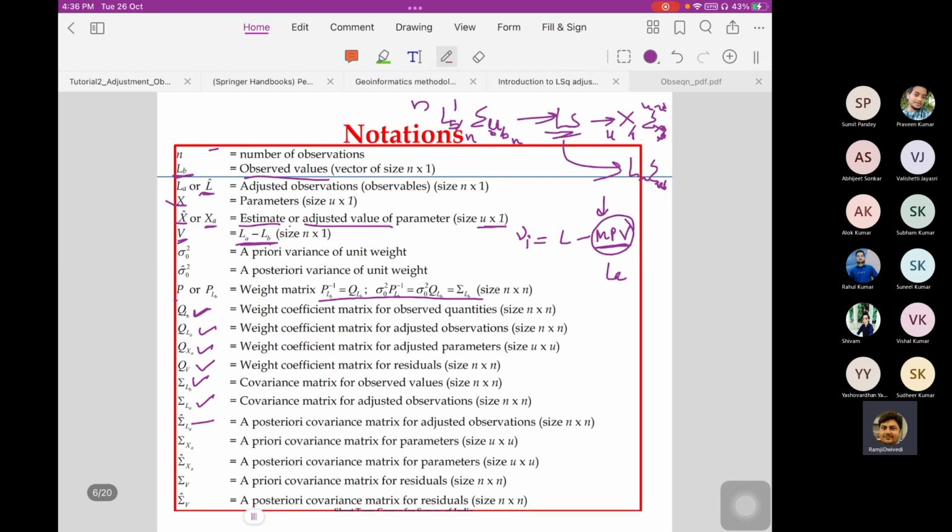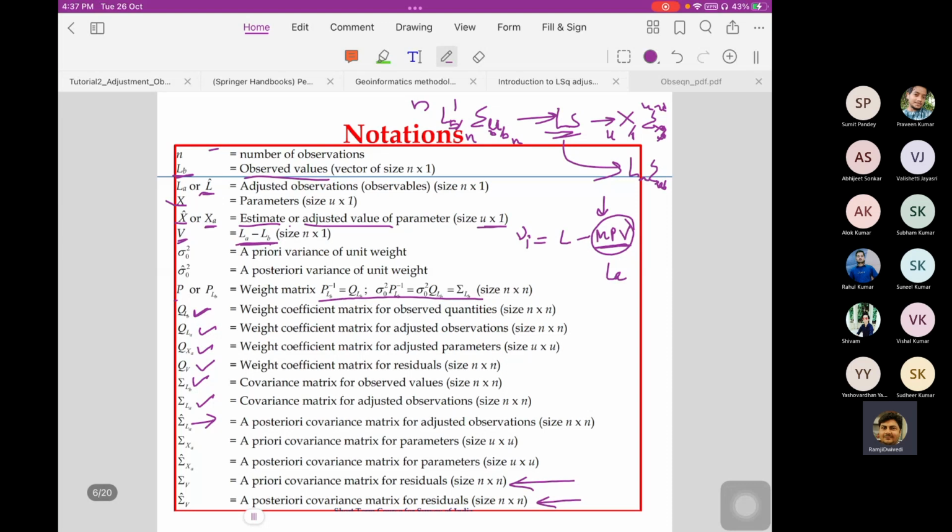Sigma hat La is the a posteriori covariance matrix for adjusted observations. Sigma Xa is the a priori variance covariance matrix for parameters, and sigma hat Xa is the a posteriori variance covariance matrix for parameters, u cross u. Sigma V is the a priori covariance matrix for residuals, and sigma hat V is the a posteriori covariance matrix for residuals.